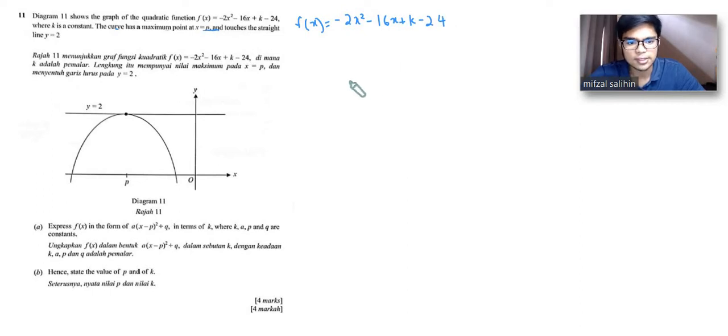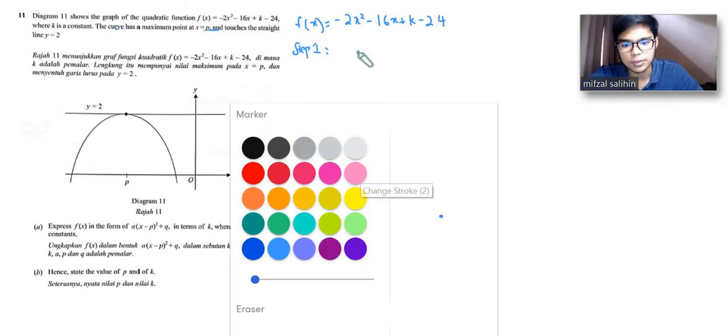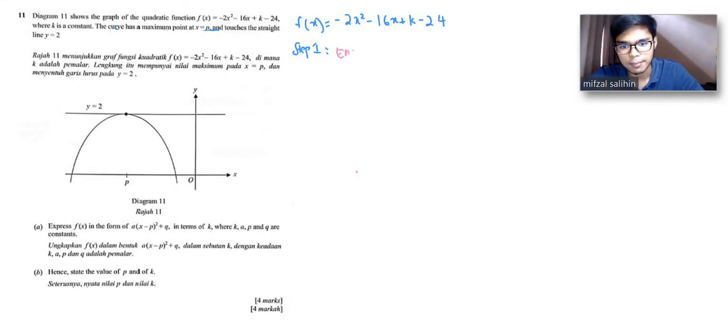In order to apply the formula of completing the square, the a needs to be 1. So step 1 is to ensure a is equivalent to 1. Our a is not 1, our a is negative 2. So we will have to factorize negative 2 out of the equation.